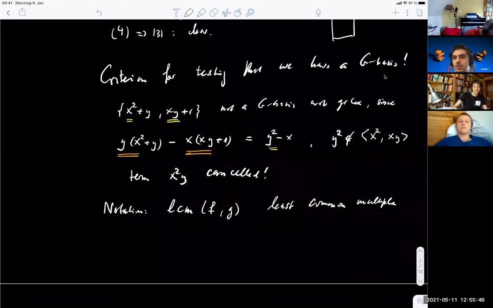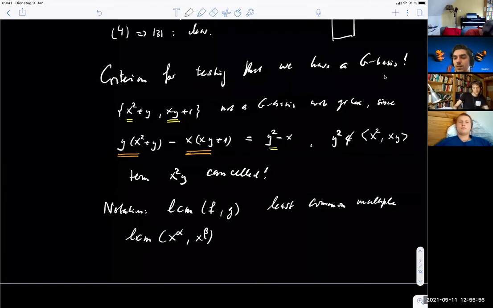If we have terms, it's especially simple. The LCM of x to the alpha and x to the beta in our exponent notation is again a term, x to the gamma, where gamma_i is just the maximum of the natural numbers alpha_i and beta_i.